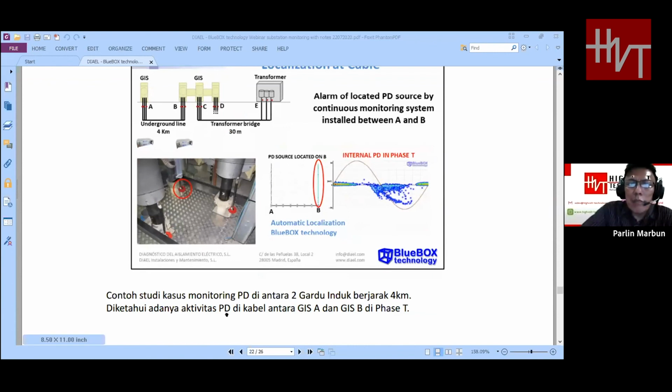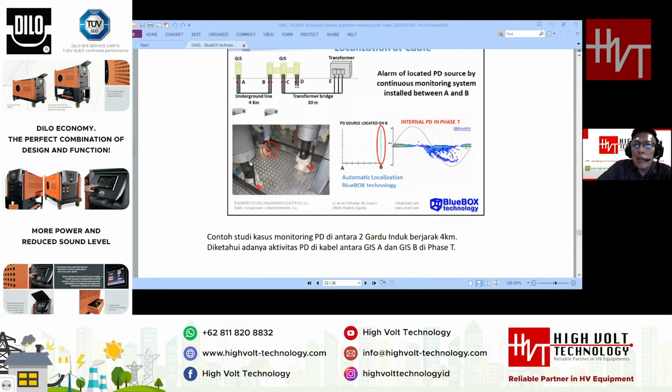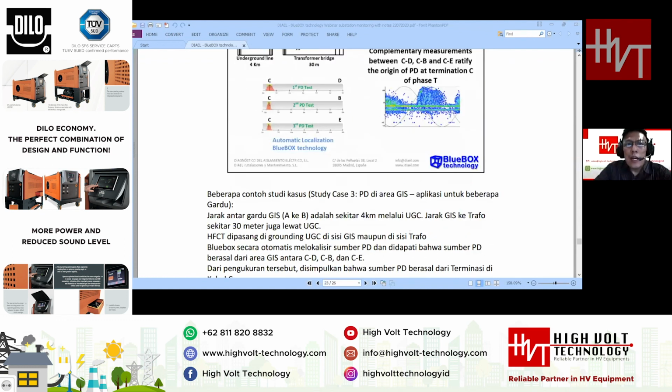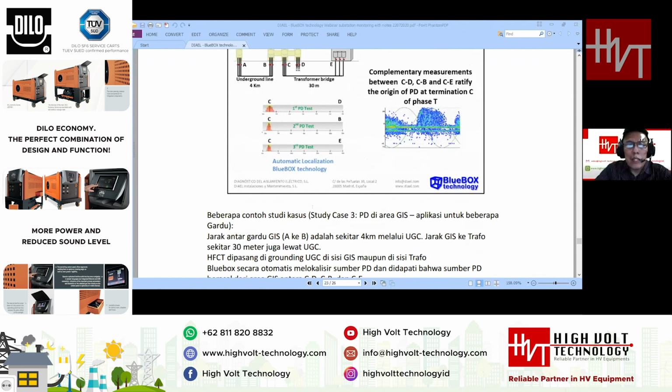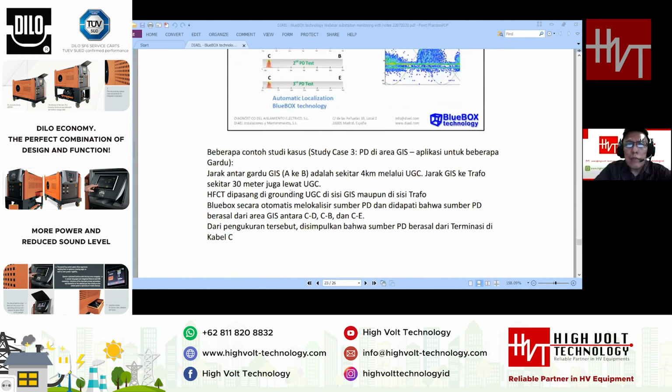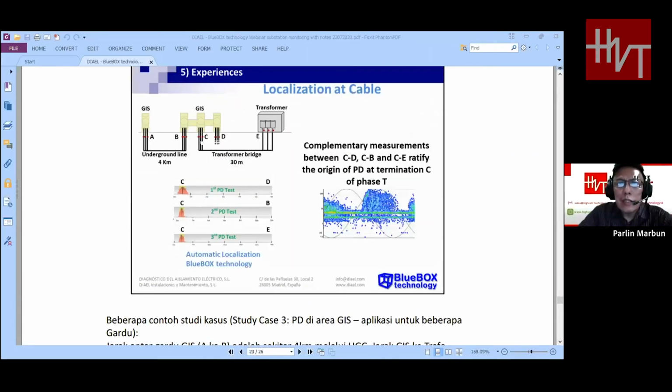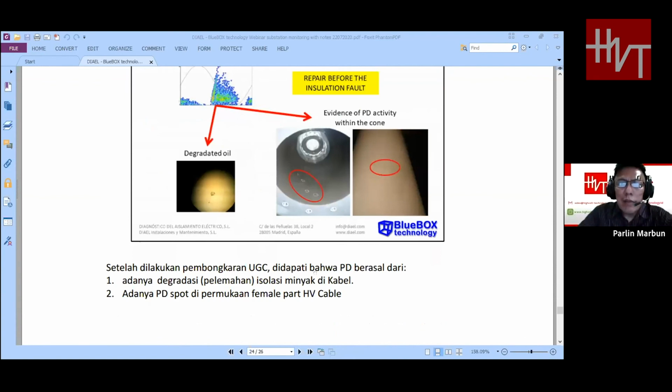Diketahui adanya aktivitas PD di kabel antara GIS A dan GIS B di fase T. Sesudah dilakukan investigasi lebih lanjut, ditemukan bahwa lokasi PD berada di antara C dan D, C dan B, C dan E, sehingga diambil kesimpulan bahwa ada masalah di lokasi C, di fase T. Setelah dilakukan pembongkaran UGC, didapati bahwa PD berasal dari degradasi isolasi minyak di kabel, dan adanya PD spot di permukaan female part HV kabel.